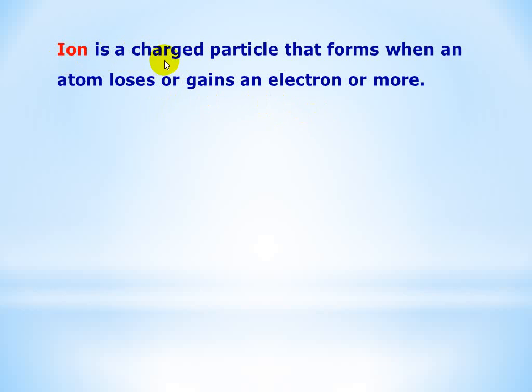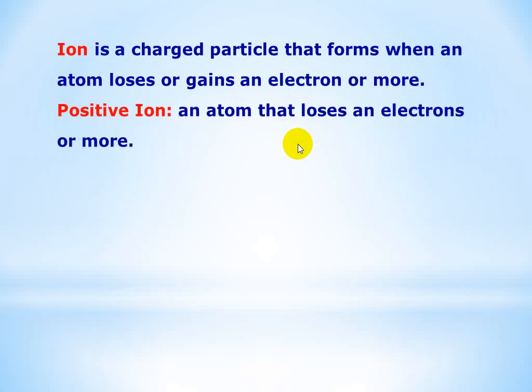We have 2 types of ions, positive ion and negative ion. Positive ion, an atom that loses an electron or more. This is a positive ion.